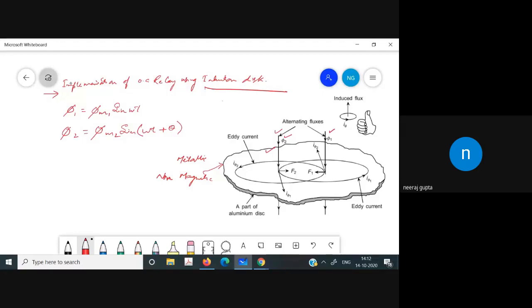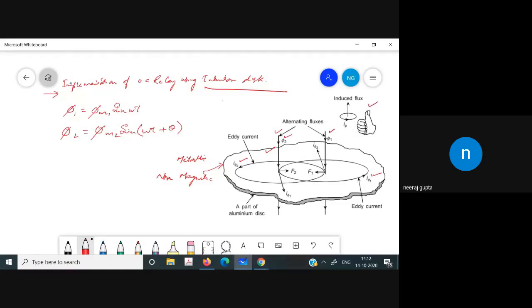We have the eddy current due to phi2, which is I phi2, and due to phi1 we have I phi1, and the direction of the eddy current is found by using the corkscrew rule.